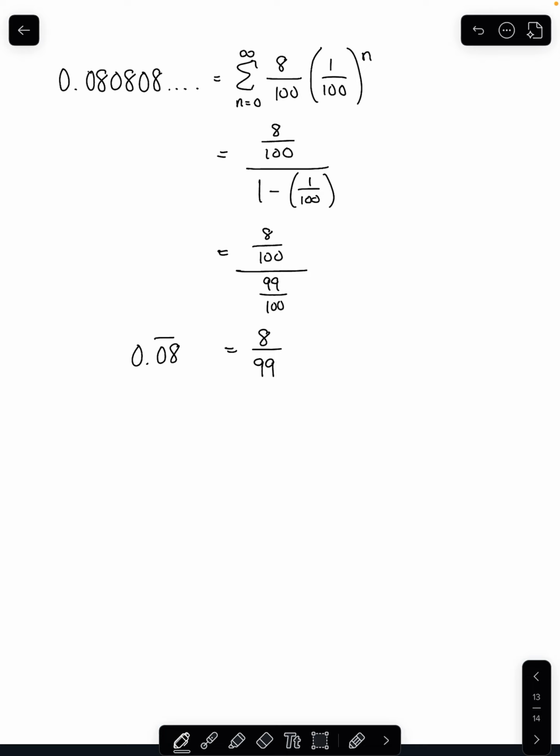This can be applied to other rational numbers as well, with repeating decimal equivalents where maybe not every digit of the decimal is repeating. For example, suppose I have 0.416 where only the 6 repeats.